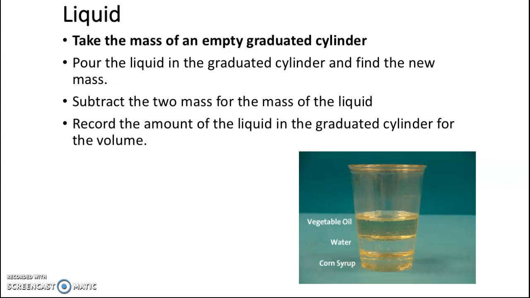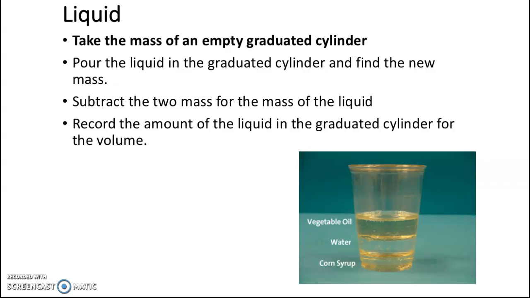As we find out the density for a liquid, we're going to take the mass of an empty graduated cylinder. We're then going to pour the liquid into the graduated cylinder and take the mass of it again. With these two masses, we're going to subtract the empty graduated cylinder from the graduated cylinder and the liquid. That would only leave the mass of the liquid.